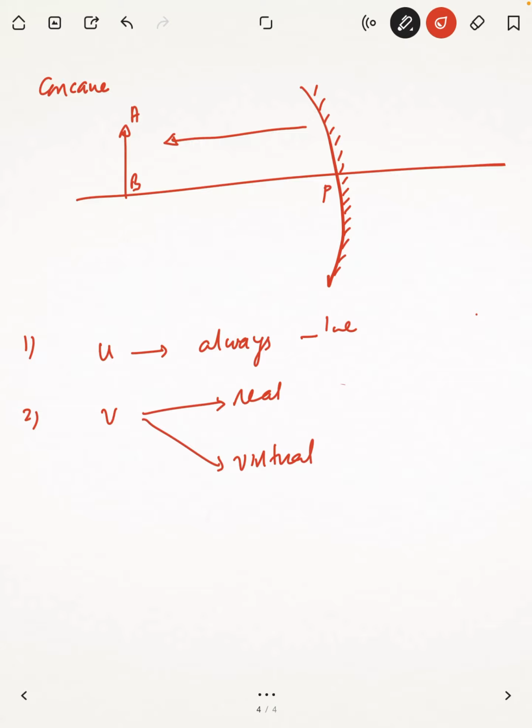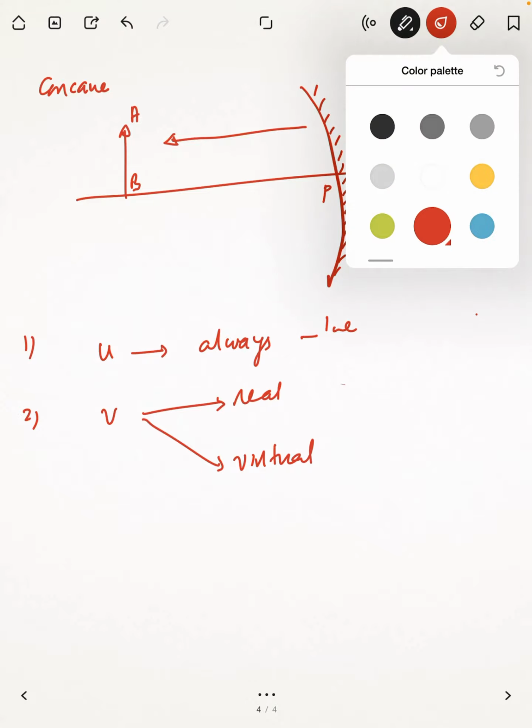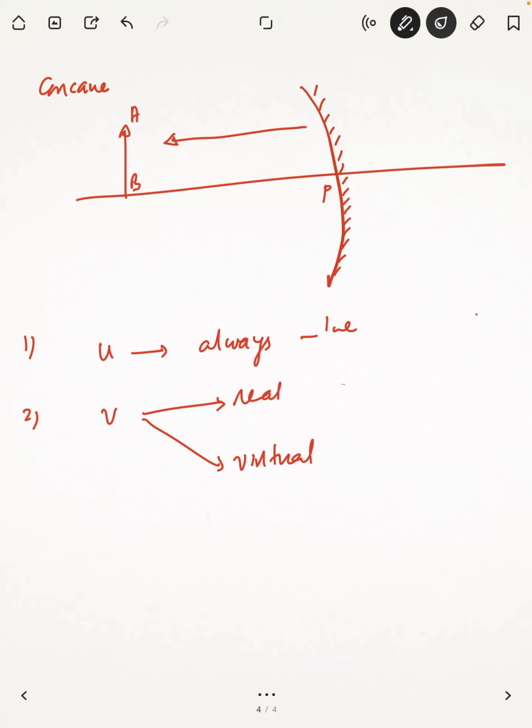Okay, if it is a real image, where it will be? Real images are formed in front of the mirror. This is your real image, A dash B dash, a real image. So, image distance is measured from the pole, it is toward left side. So, for real image, V is negative, because it is in front of the mirror, distance you have to measure towards left.